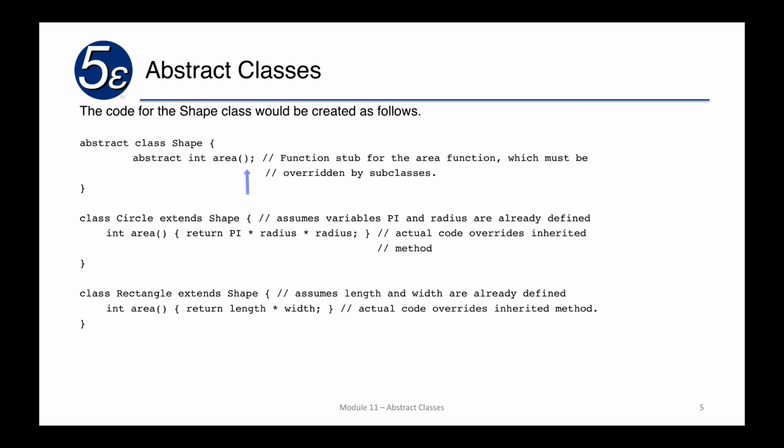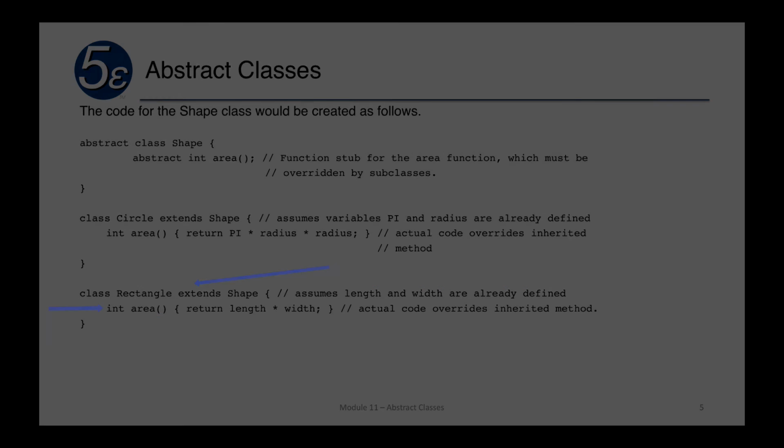Had there been parameters in here, then the parameters must appear in here as well. It must be the same number and the same type. The variable names do not matter. Here we'd return pi times radius times radius, assuming that pi and radius are already defined. So this code is overriding the abstract method int area. Again, class rectangle extends shape, and this method overrides the function stub in the abstract class shape.